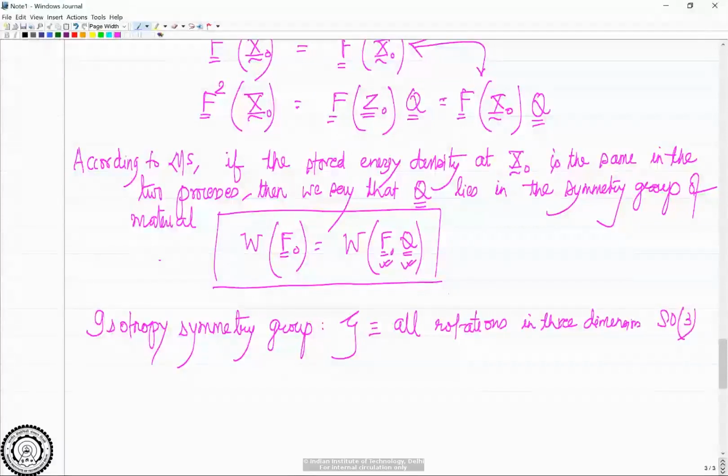So for the isotropy symmetry group, this Q here can be any rotation.